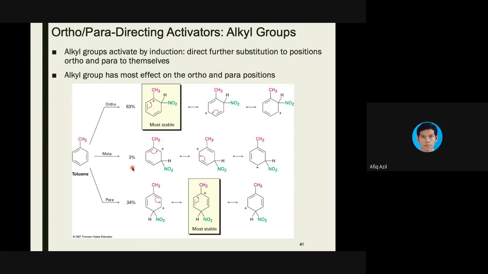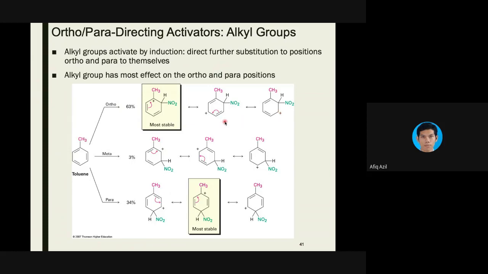So the reason, as you can see over here, is that all of the structures, whether it goes into ortho, meta, or para, form 3 resonance forms. The more resonance structures, the higher the stability of the intermediate.